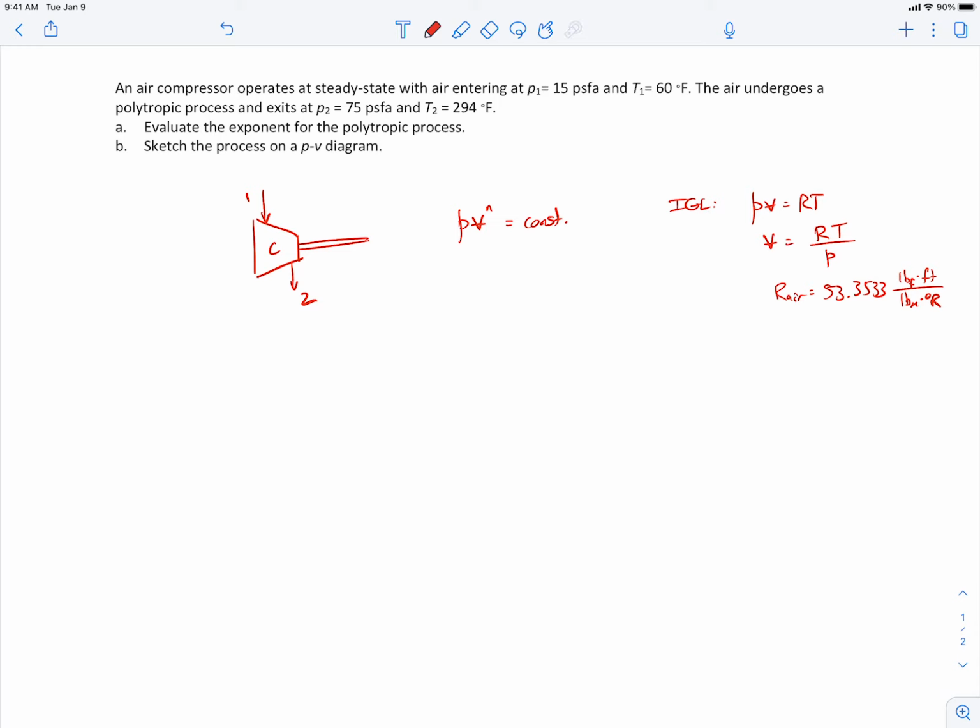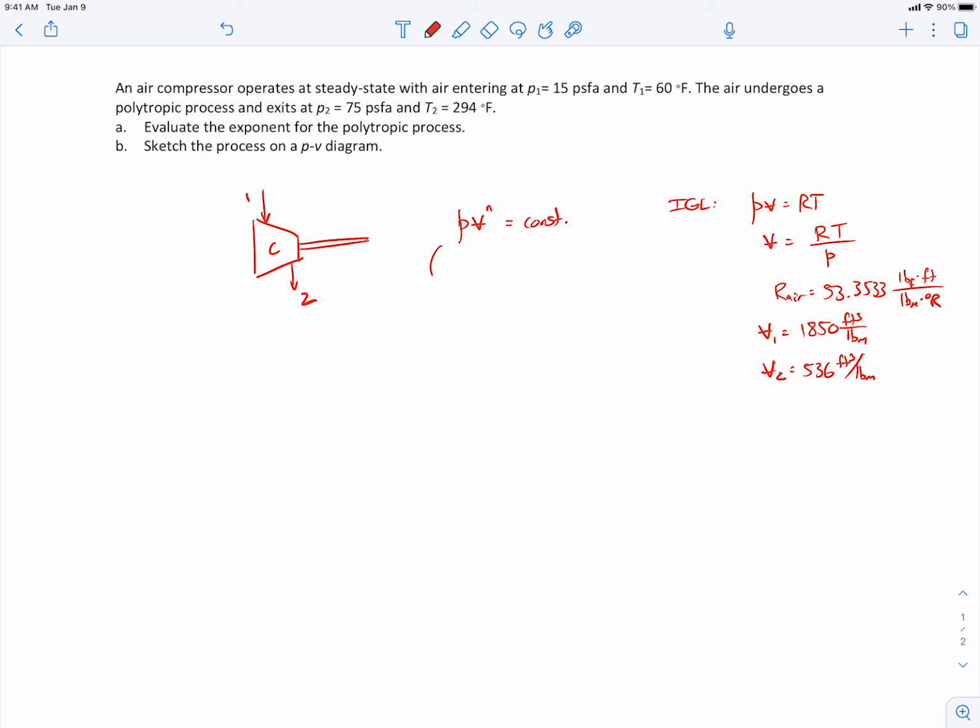So anyway, you can do that calculation here. You just have to be careful of unit conversions. But if you do that, you'll find that v1 comes out to be 1850 cubic feet per pound mass. And v2, doing the same calculation, is 536 cubic feet per pound mass. So that's just using the ideal gas law to find those.